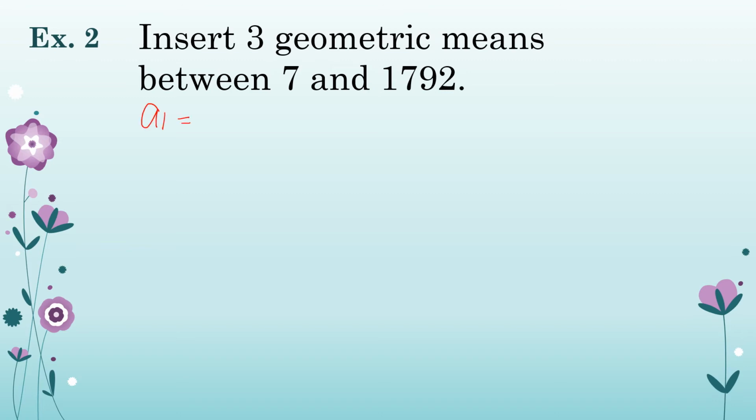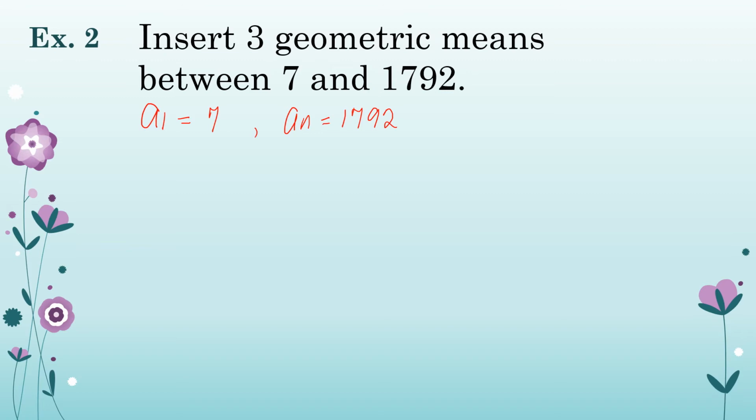So our a sub 1 is 7. Okay, what else? We have a sub n. So a sub n is equal to 1,792. And that is actually the, which term? Yes, that's the fifth term.